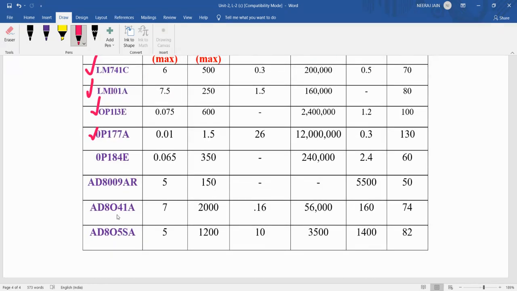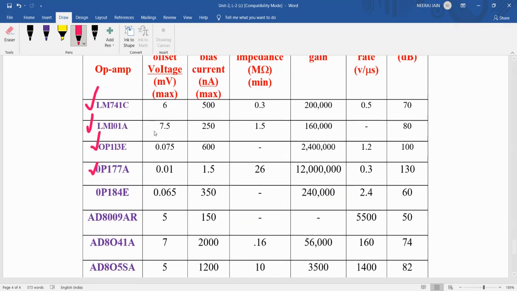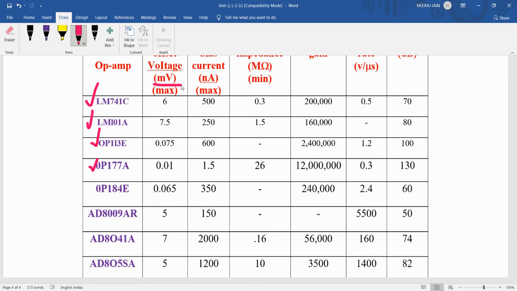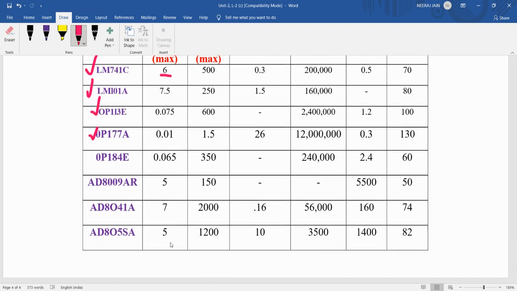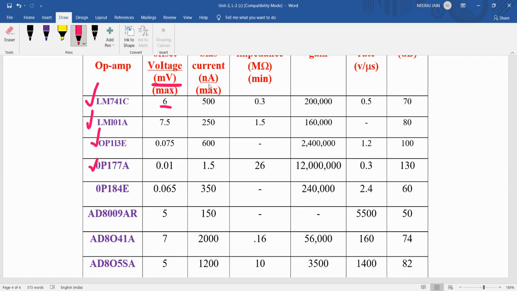These are the several ICs. The input offset voltage is given in millivolts, that is 6, 7.5, 0.075. It is different for the different types of IC.